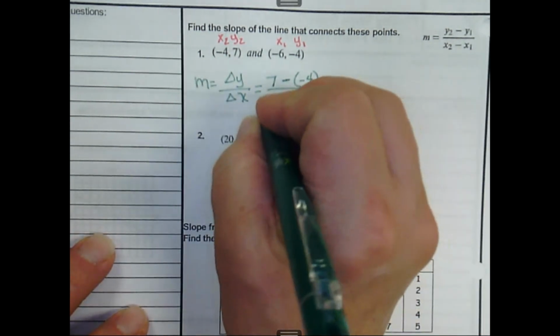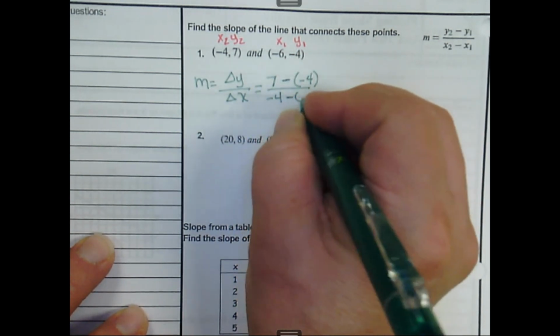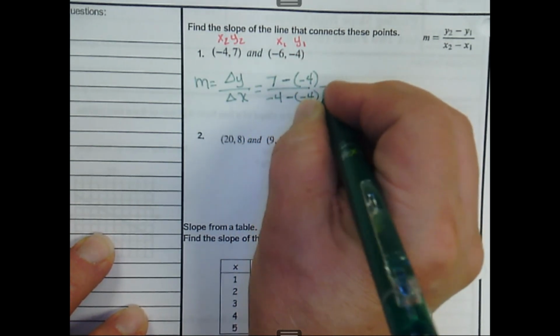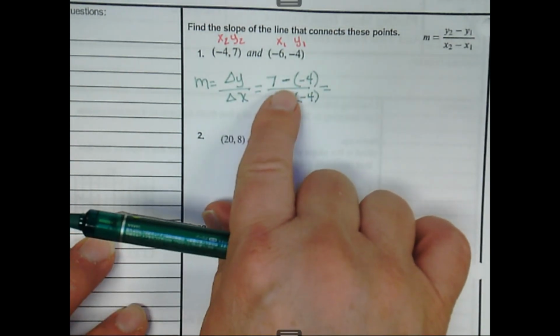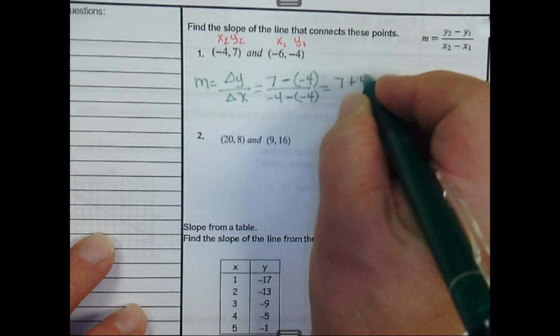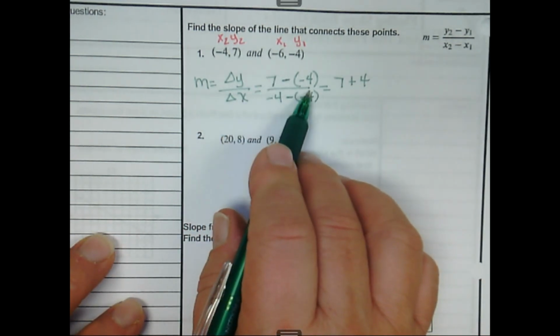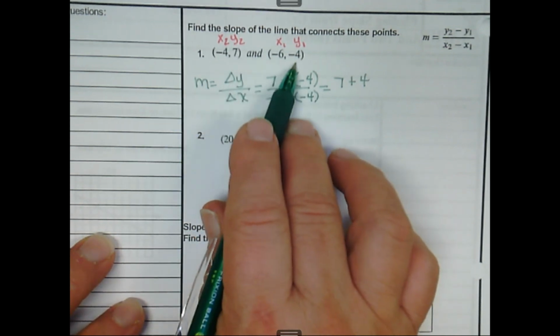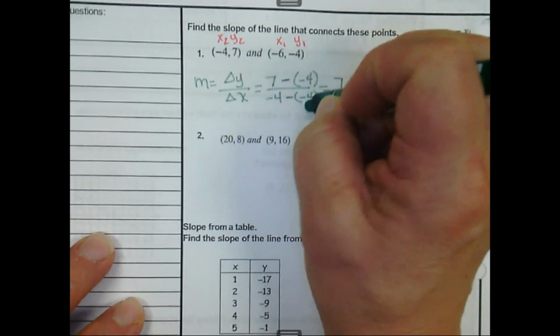Negative 4 minus negative 4. 7 minus negative 4 is the same as 7 plus 4. Oh, I made a mistake. So 7 minus negative 4, but this is negative 4 minus negative 6.